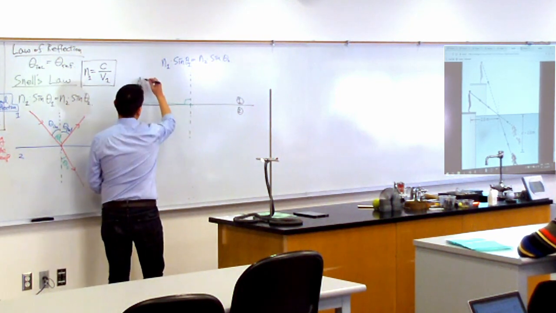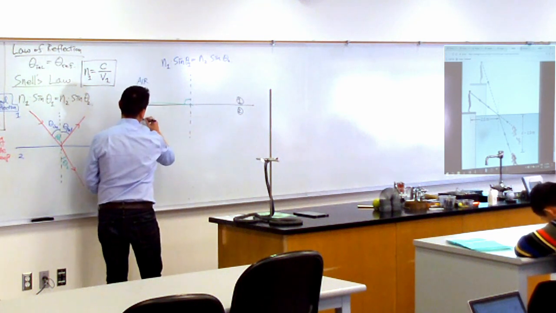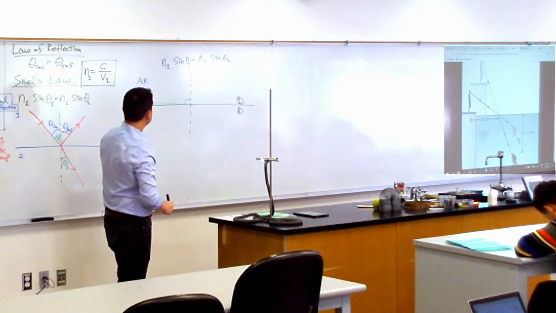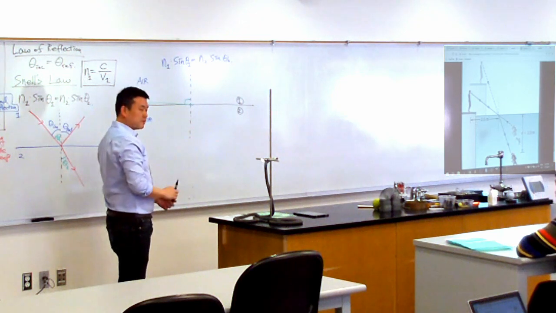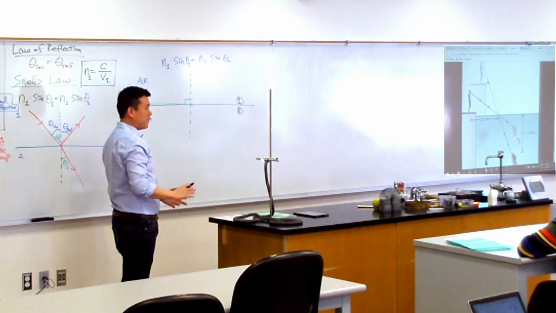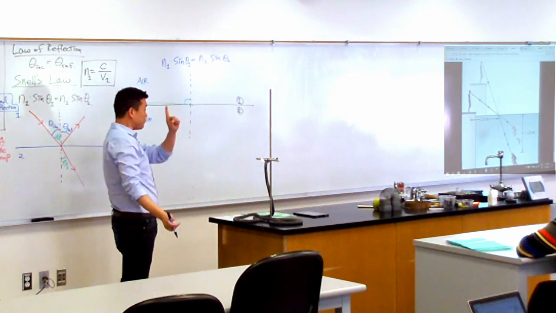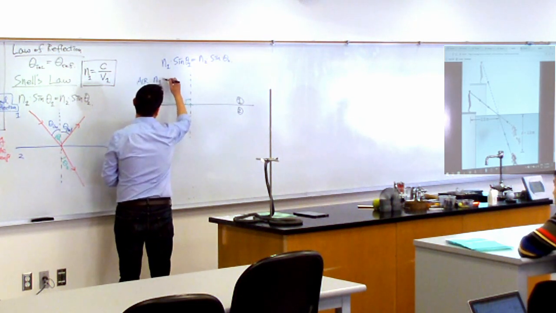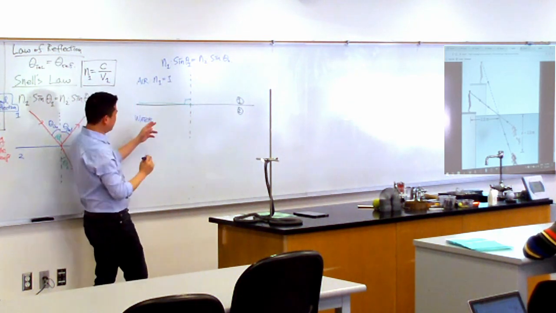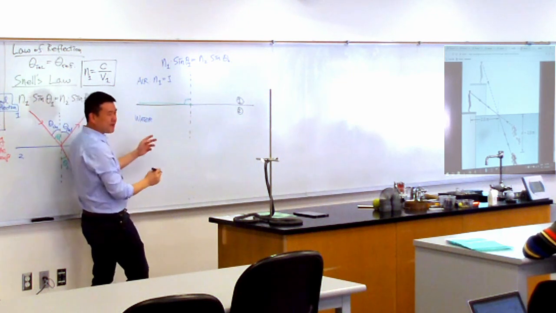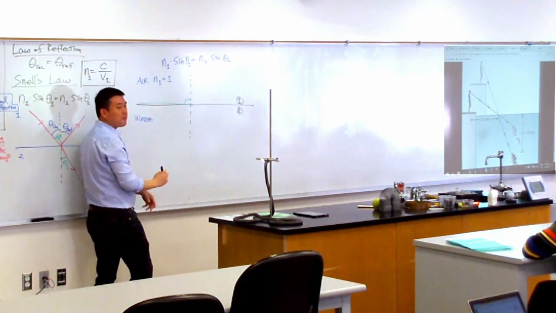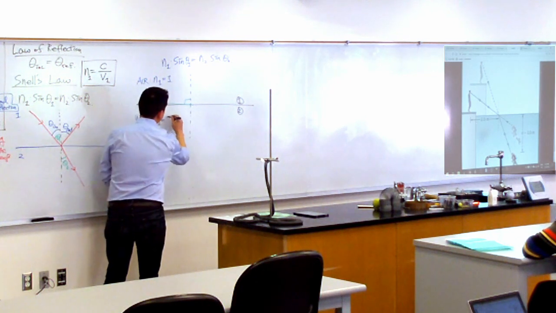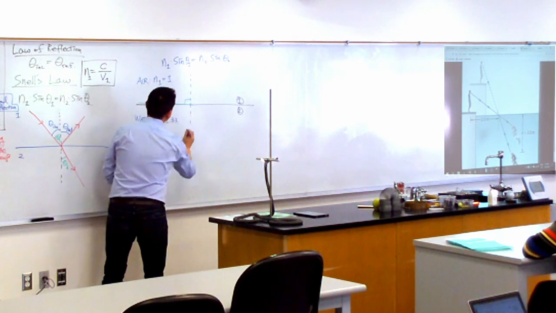Let's say this is air and this is water, same as what's in that picture over there. Anybody here remember the index of refraction of air? Approximately 1? Yeah. Close enough to 1 that we are going to say it's 1. I think I did mention water last time. Anybody remember? 1.33. Yeah, 1.33. So the index of refraction of water is 1.33.